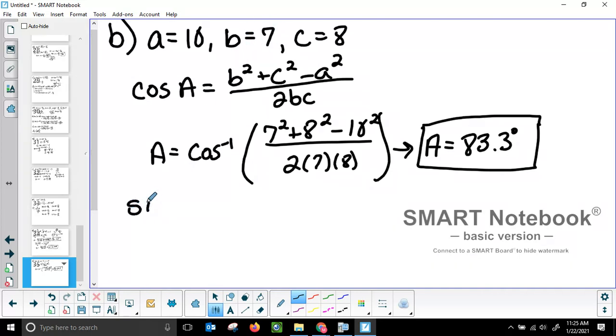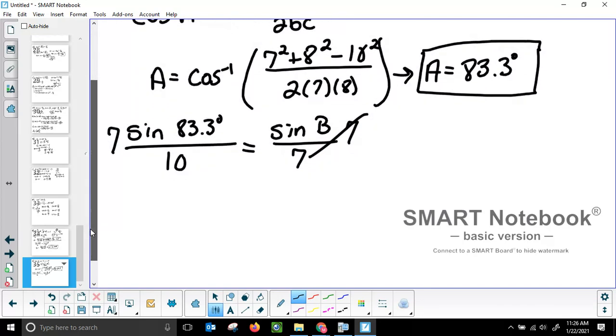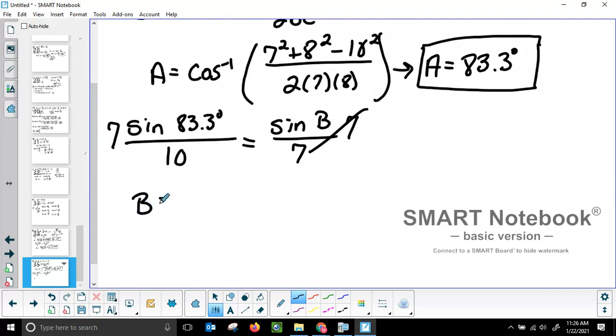So we would say sine of 83.3 degrees over 10 is equal to sine of angle B over side B, which is 7. We multiply both sides by 7 here, and then to get angle B, we will take the inverse sine of that whole thing.